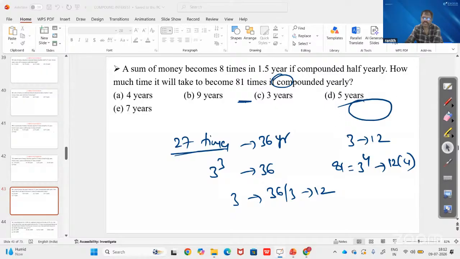Next, what is the answer? Yes, answer is 4 years.